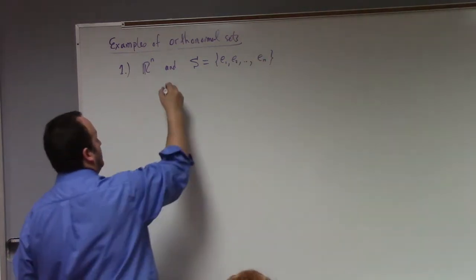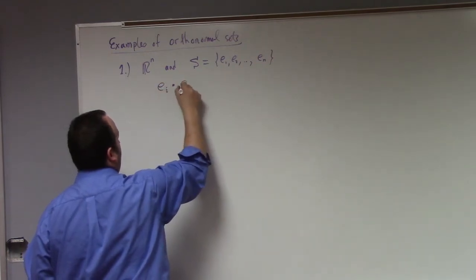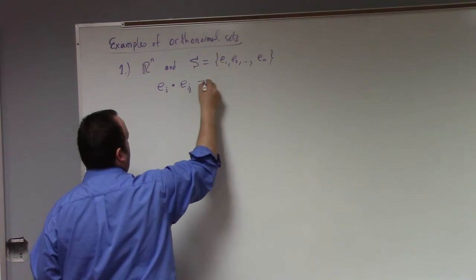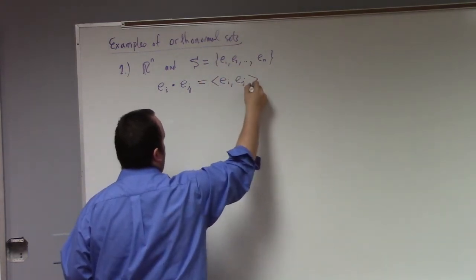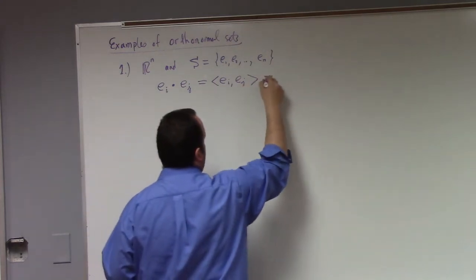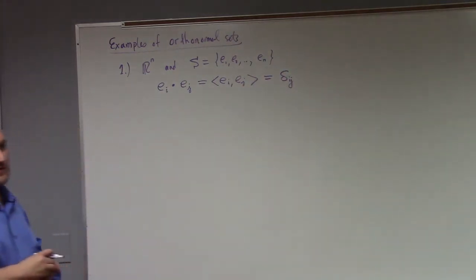What is the dot product of ei and ej equal to? That's our standard inner product here. My larger point is that this is just the Kronecker delta ij. So the standard basis is an orthonormal basis.